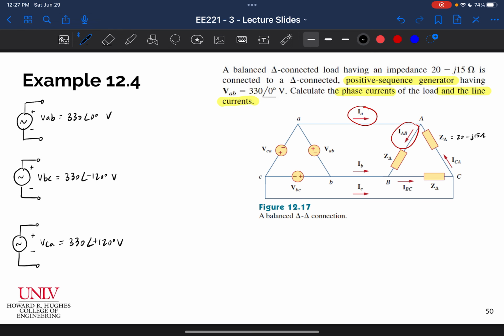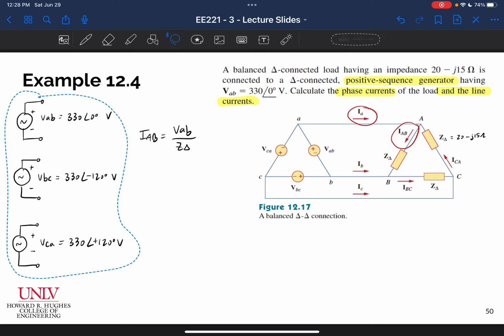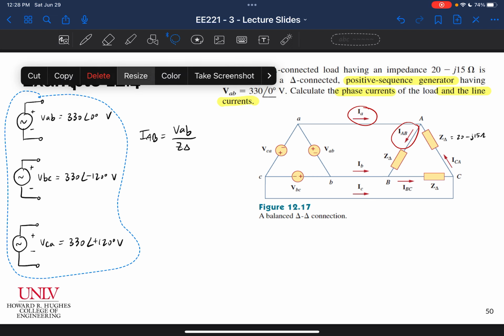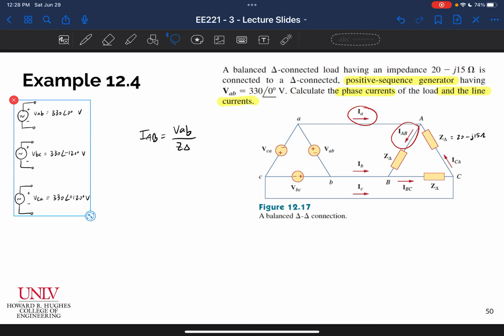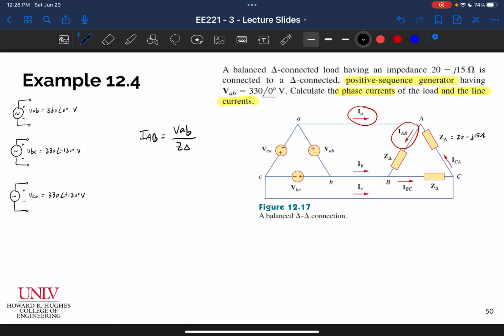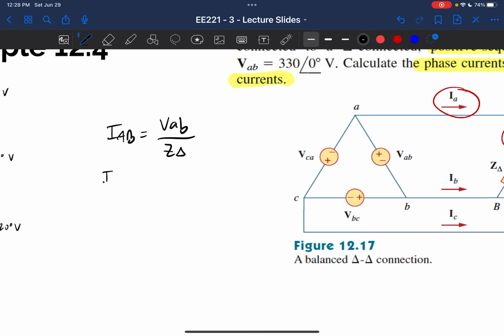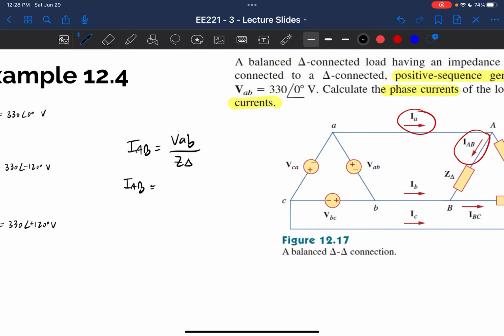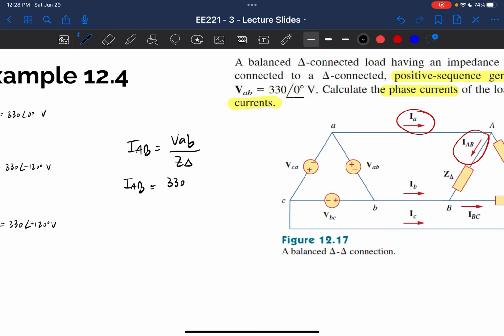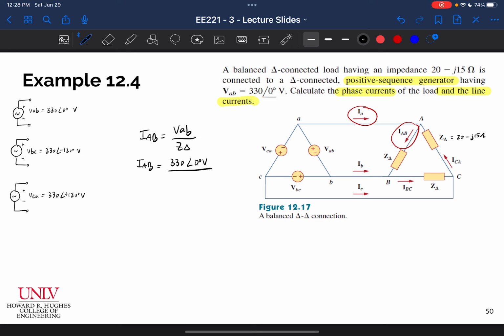I'm going to say IAB is equal to VAB divided by Z delta. I know VAB is 330 angle 0 degrees volts. For Z delta, let's find the phasor form right now.